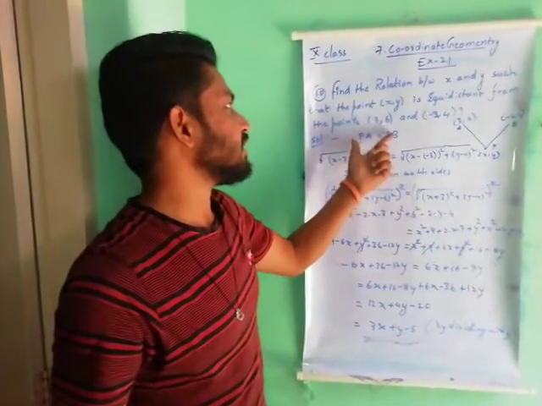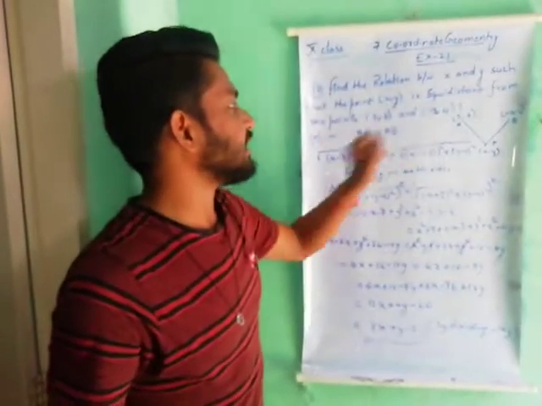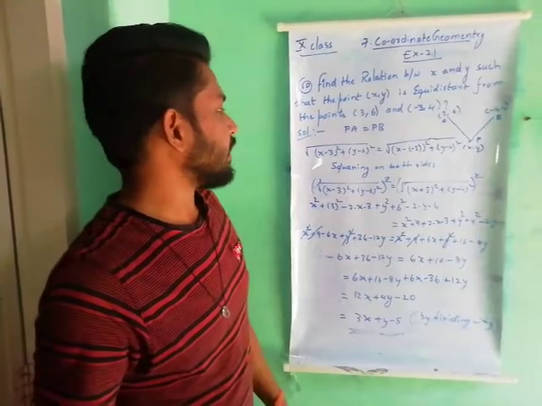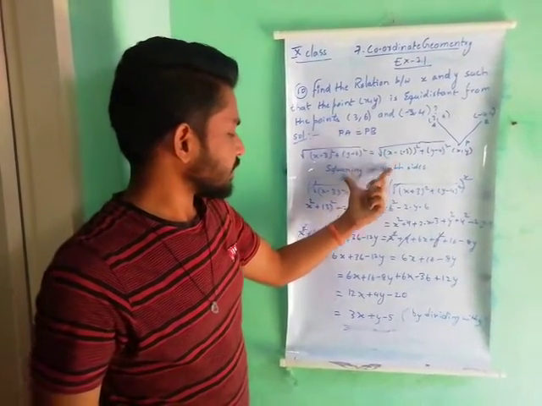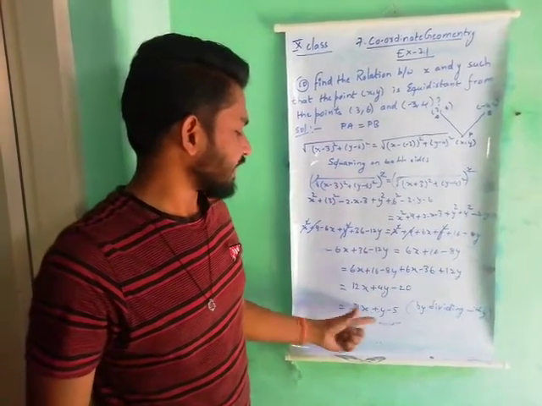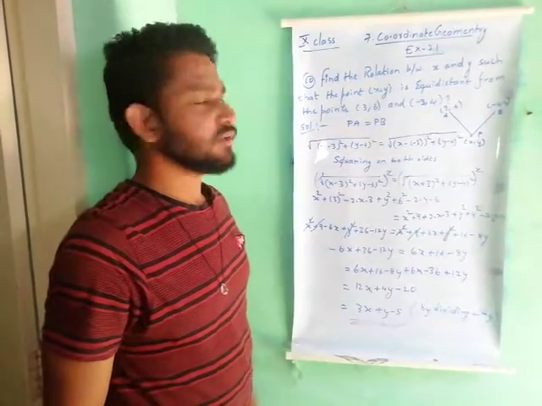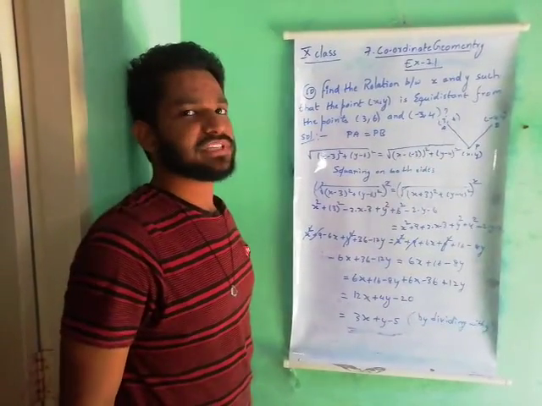So given condition, I am taking it. This point is P. Here it is A, here it is B. So by using condition PA is equal to PB, and also using the distance formula, finally I am getting the relation between x and y in this expression. Understand? So next video we will discuss some concept about exercise number 7.2.